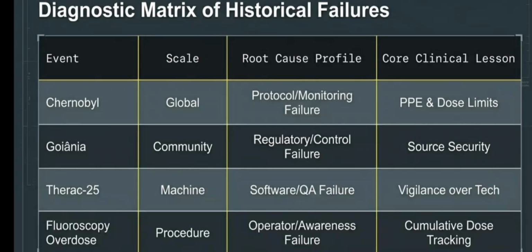The consequences to both patient and staff are severe, including skin erythema, tissue necrosis, localized hair loss, and radiation-induced cataracts. To defend against this, you must continuously monitor fluoroscopy time, actively switch to pulsed and low-dose modes, and consistently maintain physical distance from the X-ray tube.